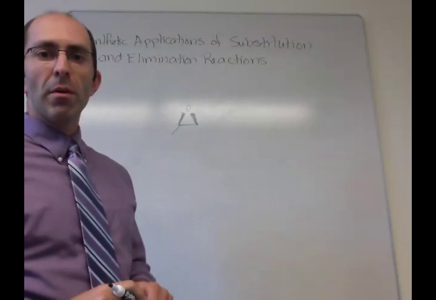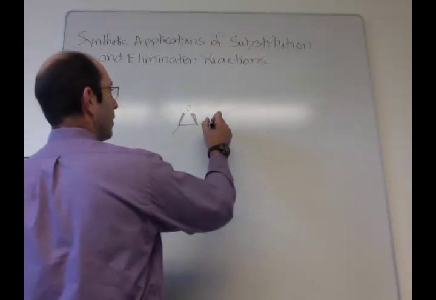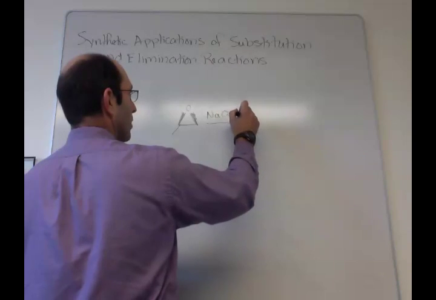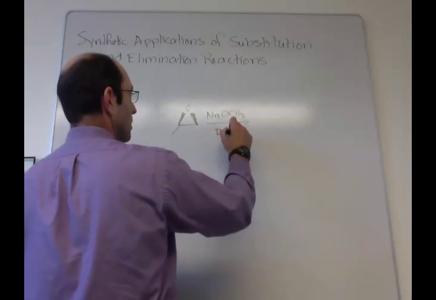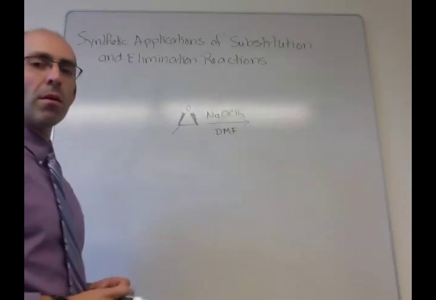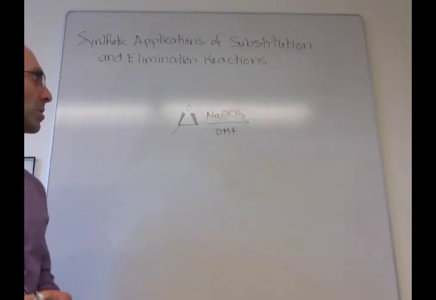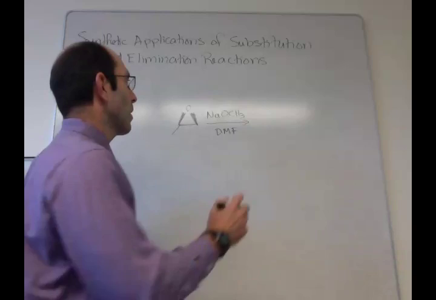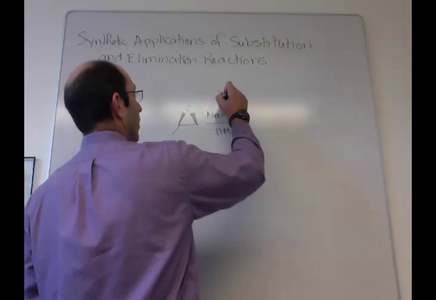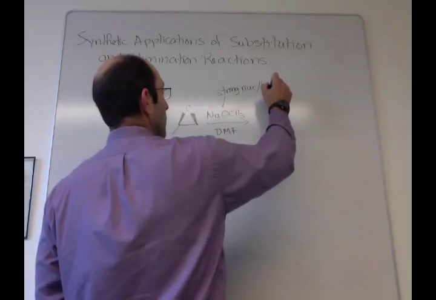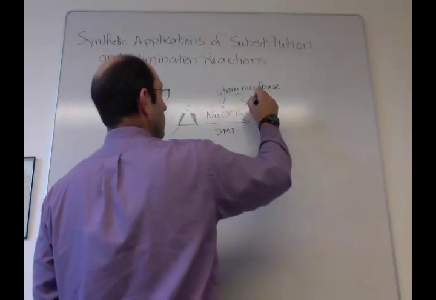If we're thinking about this epoxide, and let's think about if we're going to do a reaction with sodium methoxide, and let's say it's in DMF. Right? We've talked about how reactions of epoxides are SN2 reactions, and this is a great example where we have a strong nucleophile/base. So this is going to be an SN2 reaction.